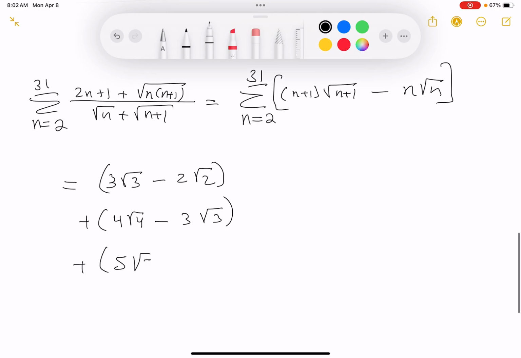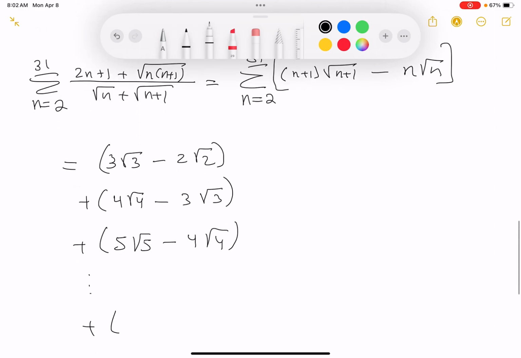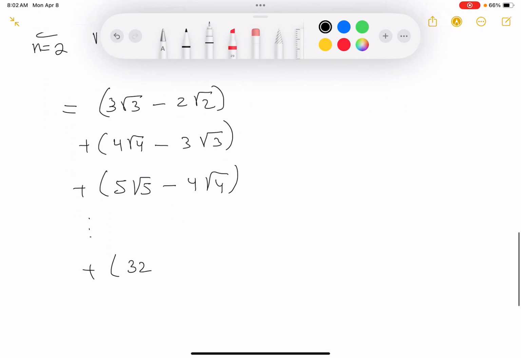You get 5 root 5 minus 4 root 4. I think you get the idea that this is going to go on and on, but we are going to stop somewhere. Where do we stop? At 31. So it's going to be 32 root 32 minus 31 root 31. What's before this one? 31 root 31 minus 30 root 30, right?